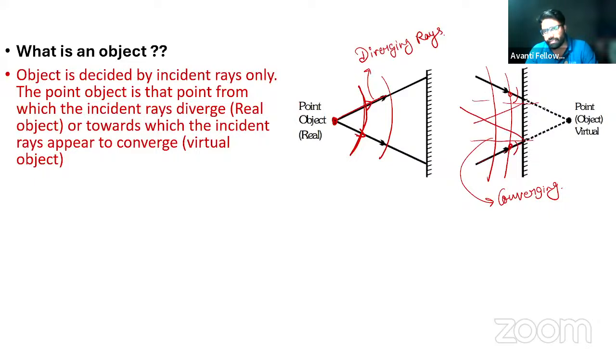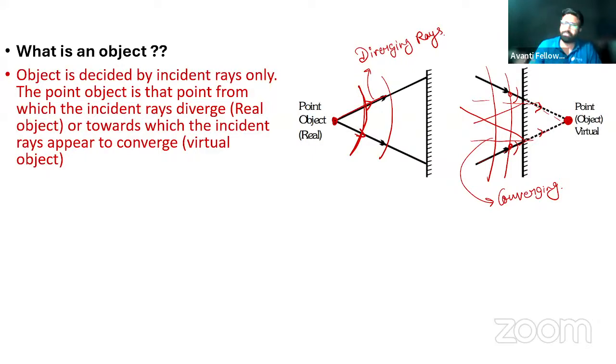They are not going into the mirror. But if we extend them virtually, we will see that this is a point where these rays actually meet. Got it? Clear? Or it appears to meet at this point. So these particular points are called a virtual object.